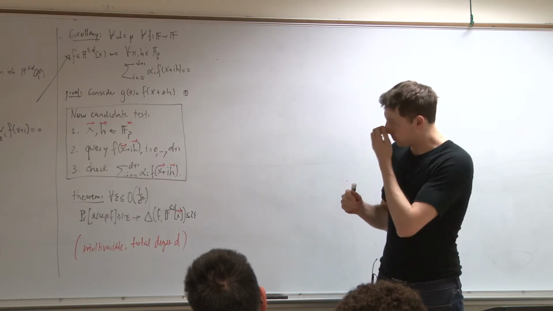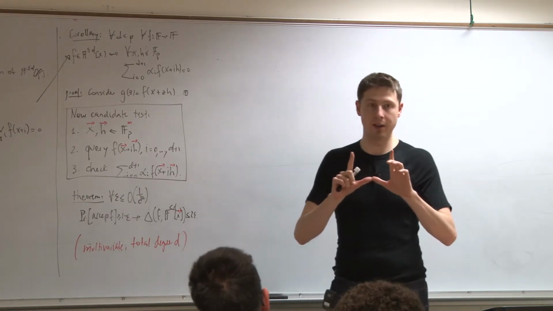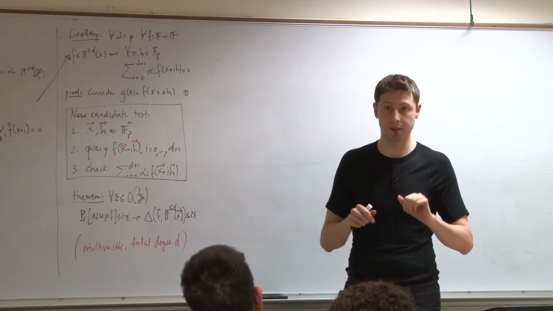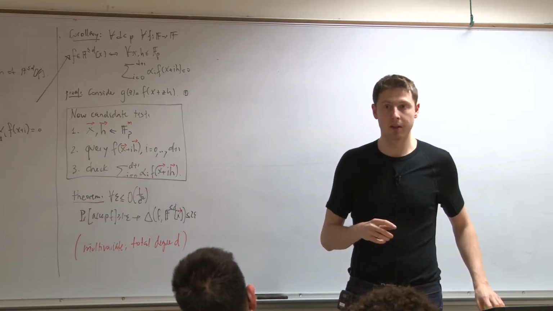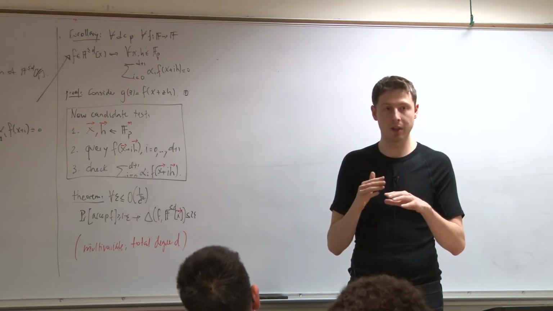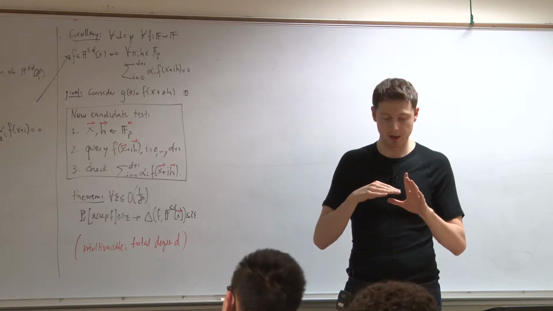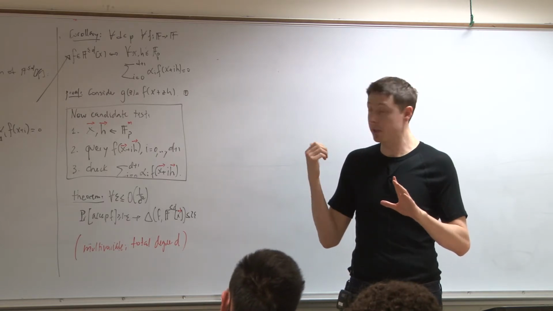Yeah. So let's maybe focus on the bivariate case. We have a square. Individual degree means that every row and column, if I look at them, are univariate polynomials of degree d. But this test is not doing that.